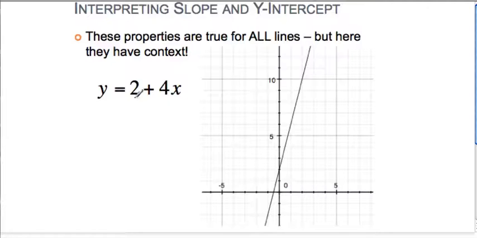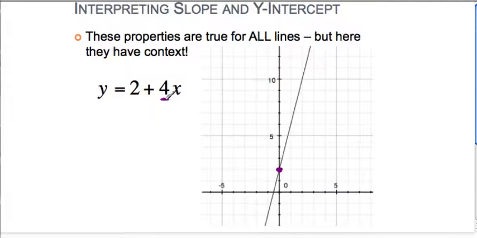Let's start by looking at the y-intercept. In y equals 2 plus 4x, the y-intercept is 2. And if you look at the graph of our line, what that means is when x is equal to 0, y is equal to 2. Again, when we're in statistics, we're going to put this in context. Let's look at the slope as well.